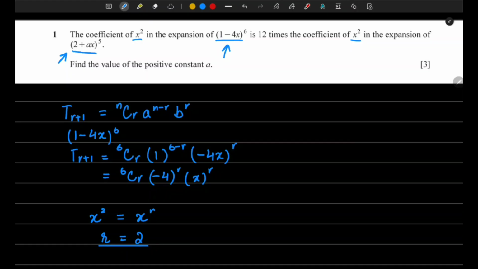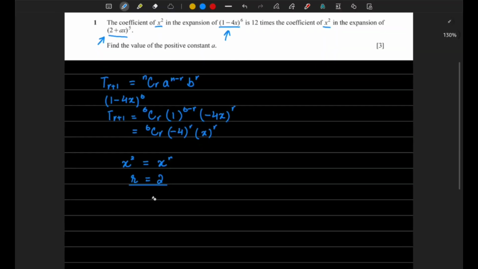So we get T(2 plus 1) equals 6C2 times minus 4 to the power 2 and x to the power 2. Solving this, 6C2 gives you 15. 4 to the power 2 is 16, and minus will change into plus after squaring.